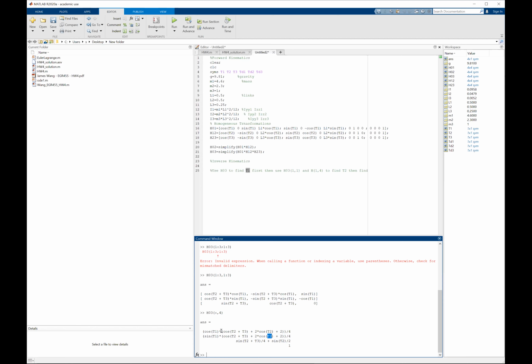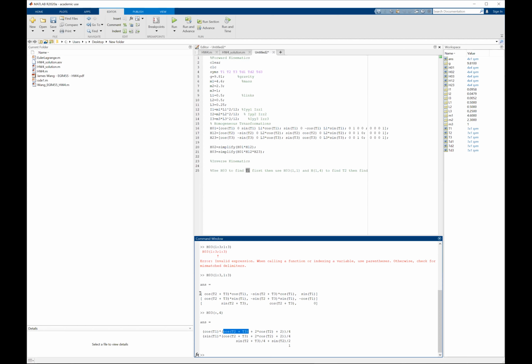But check this out. This element is same as this element. You already know cosine theta 1. So in this first row, first column, you know this value. You can find out the value of cosine T2 plus T3 and substitute that in this expression.